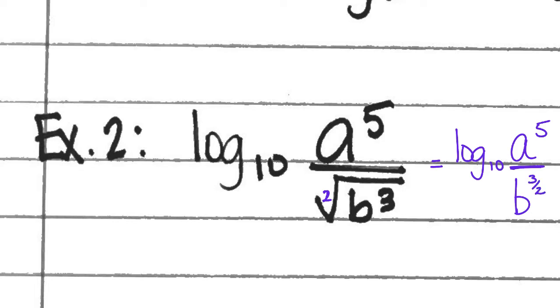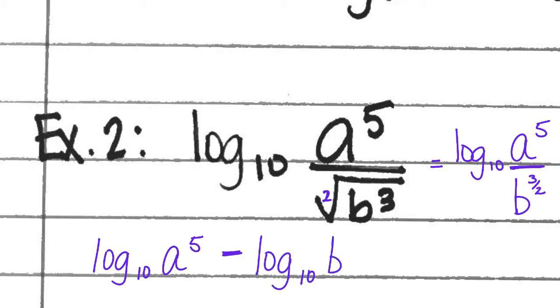All right. So remember, we are dividing. When we divide, we have to rewrite it as log base 10 of a to the 5th minus, when we're dividing, we're subtracting, log base 10 of b to the 3/2.